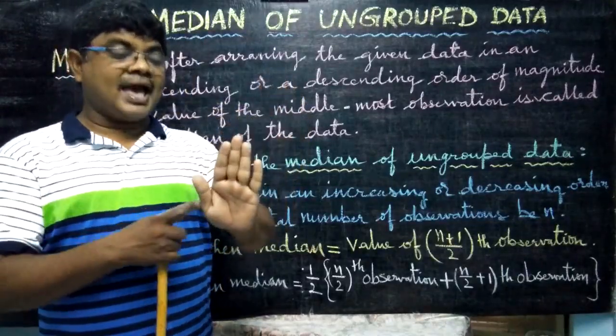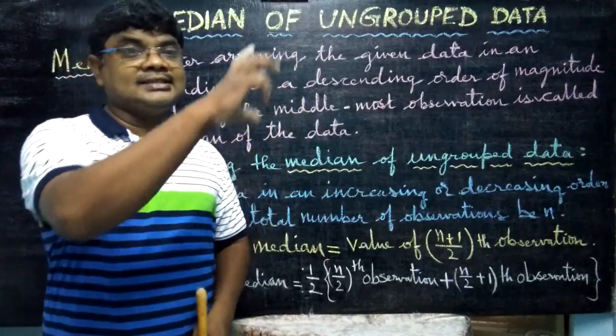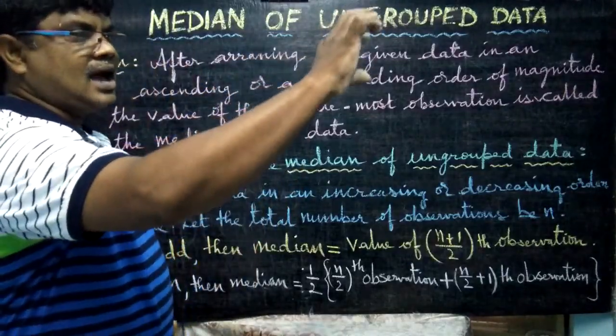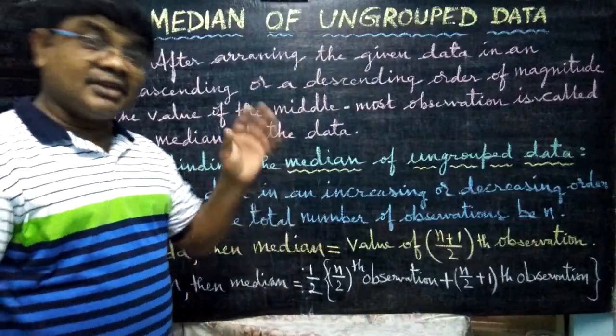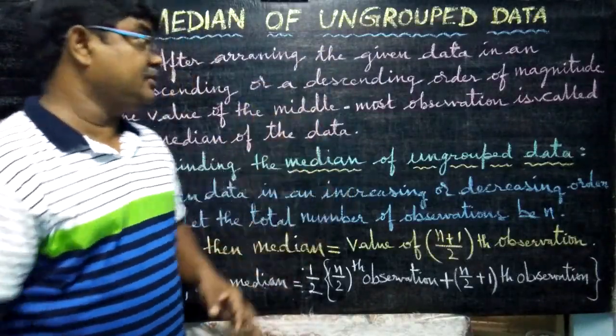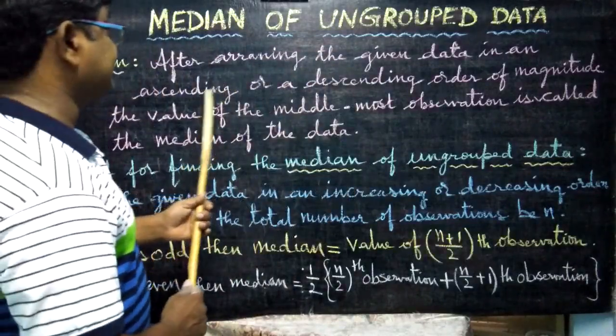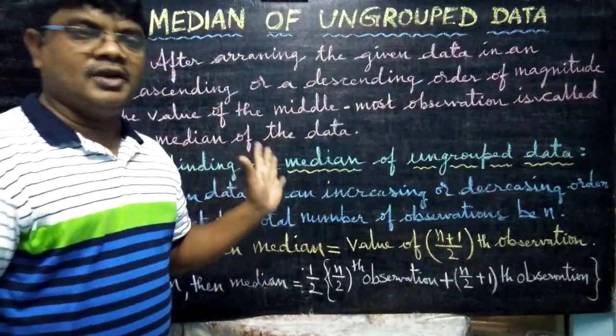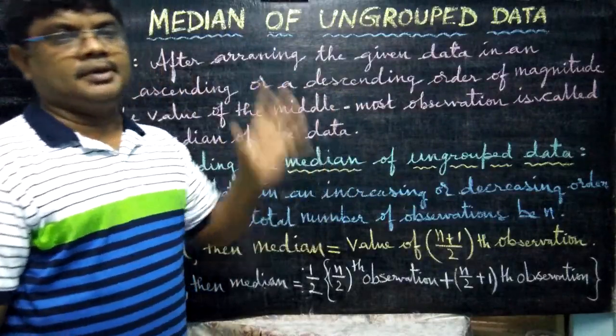We have to arrange according to size, increasing or decreasing, and then say which is the middlemost value. First, keep in mind ascending or descending order. Always we will do ascending, small to big.